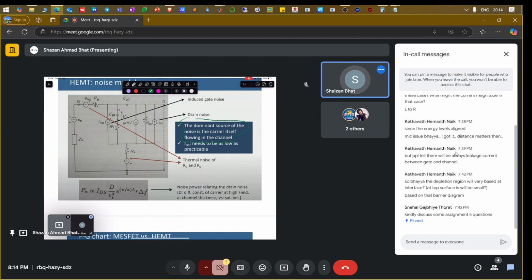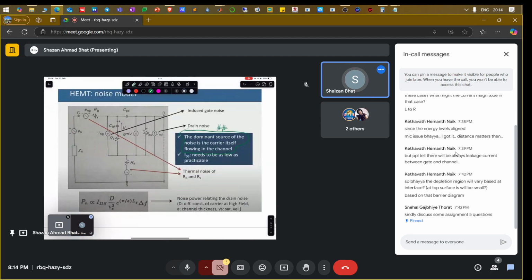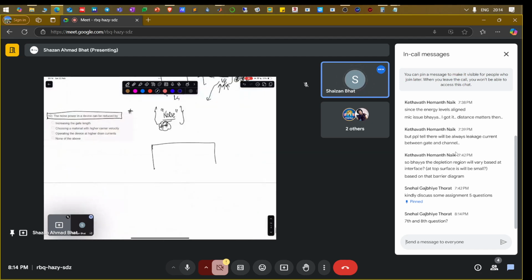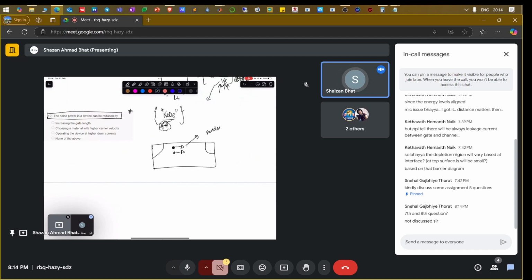Let me explain it in layman terms. Whenever the electron flows in the channel, it is definitely a source of noise. If there is no electron flowing in the channel, there is no noise in the device. Now the question is why? Because whenever you have a carrier flowing in this direction, these are randomly moving electrons.